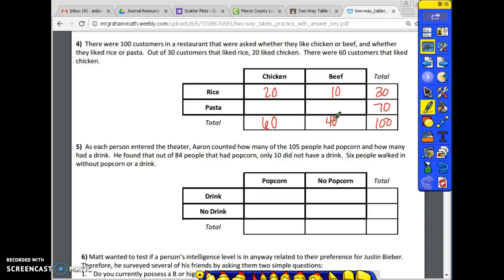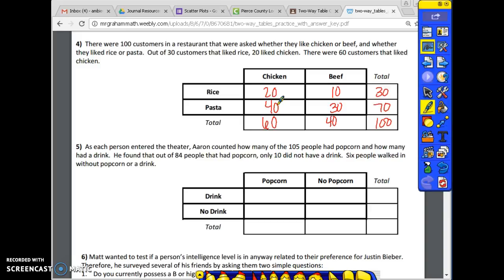If 40 total like beef and 10 of the 40 like beef like rice as well, then subtract that and you will get 30 like beef and pasta. And then if there's 70 total that like pasta and 30 of them like beef, then when you subtract that, that leaves you with 40 who like chicken.